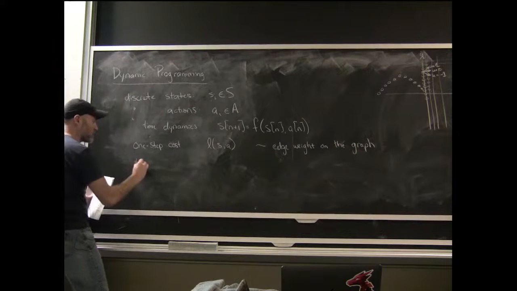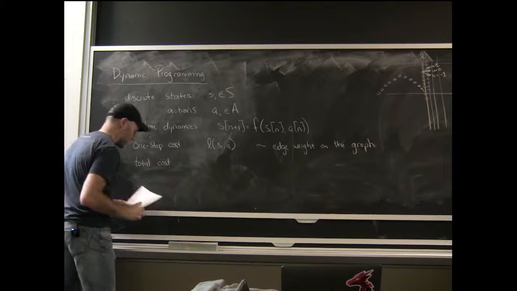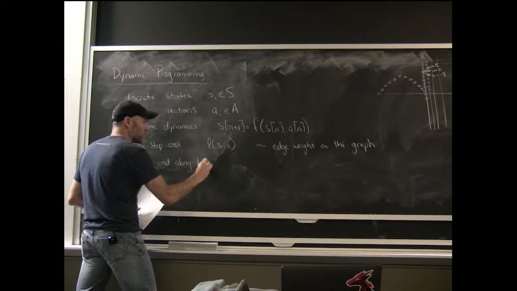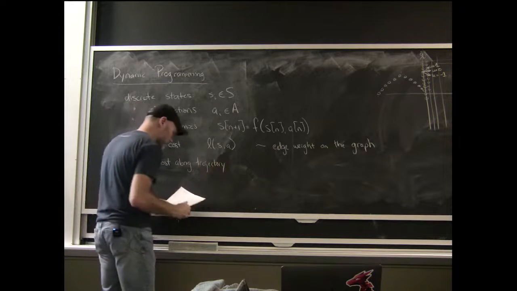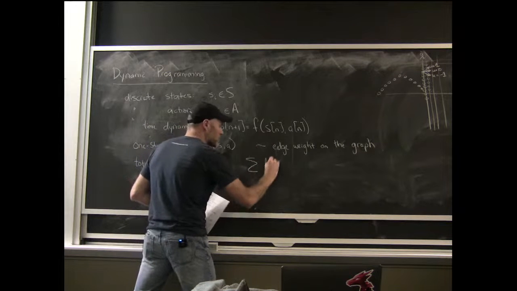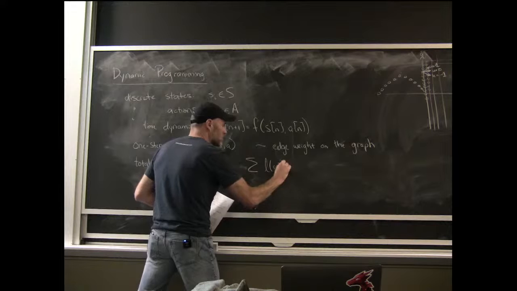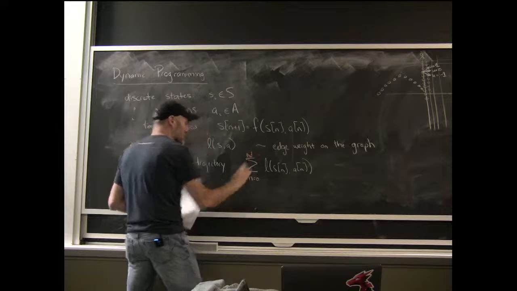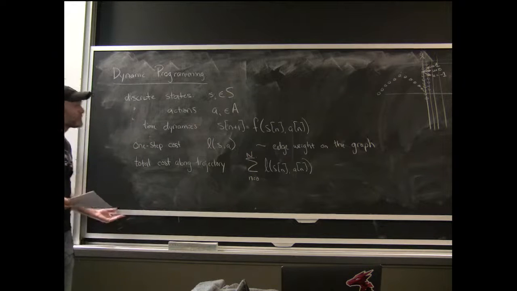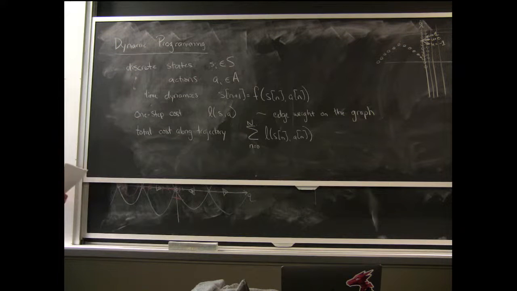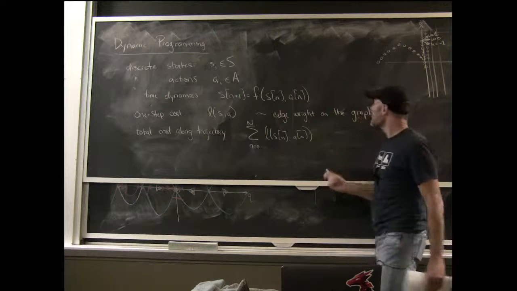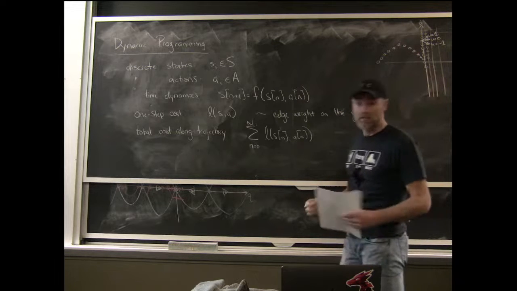And then I'll say my total cost along some trajectory is just the accumulation of those one-step costs. So this is one way to write a graph search problem. I'm going to put weights on all the edges of the graph, and I want to find a shortest path that goes from the start to the end.